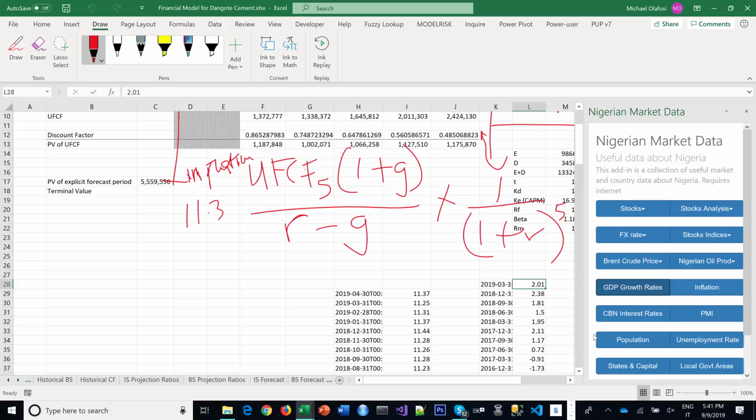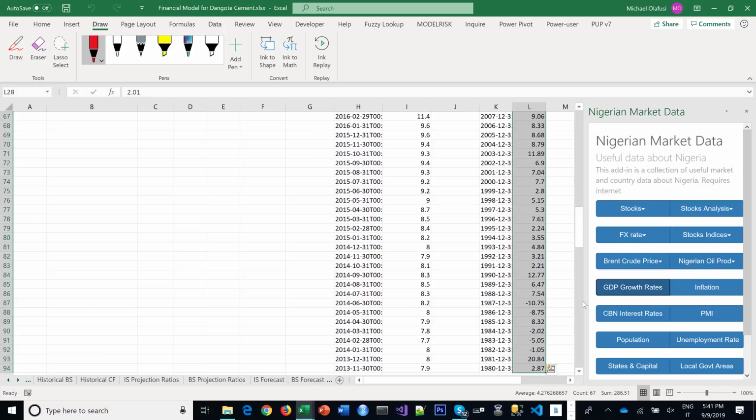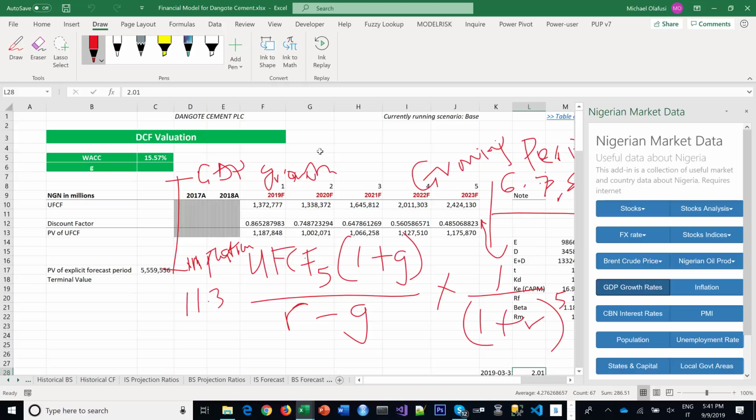If I do that for the last 30-something years, almost 39 years, it's 4.2. We have a problem, huh? Our inflation is higher than our GDP growth rate of 4.2. So any company in Nigeria will have to grow within that bound. You can't grow faster than this bound.